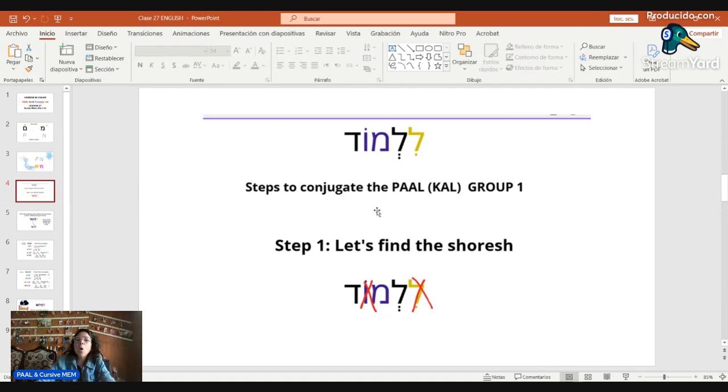Then we have holam vav, a characteristic of PAAL. Not all of PAAL, but a lot of them. So we erase it, and we found the shoresh: lamed, mem, dalet. That's step 1.